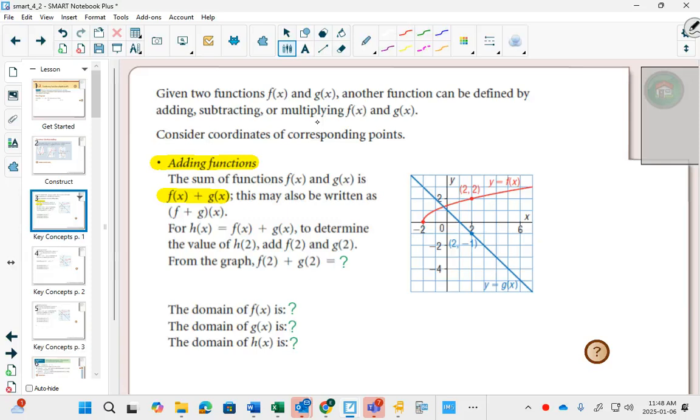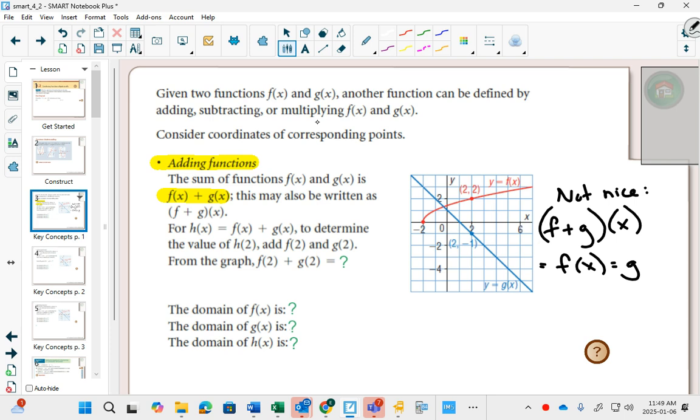The not nice notation, sometimes they write it like this. I don't know why. They write f plus g of x. Anytime you see the not nice notation, I would suggest changing it to the nice notation, f of x plus g of x.